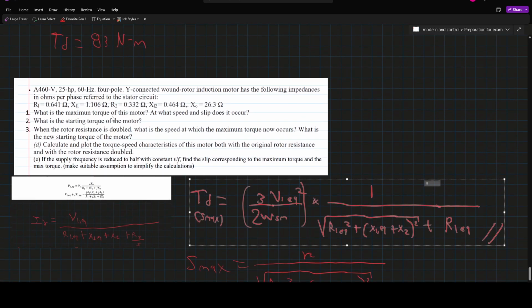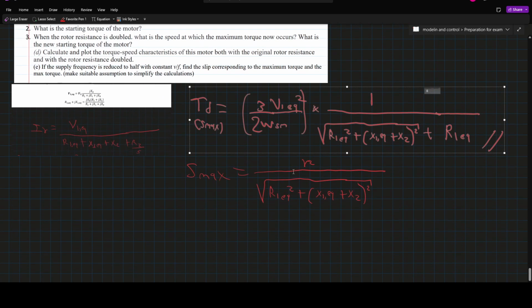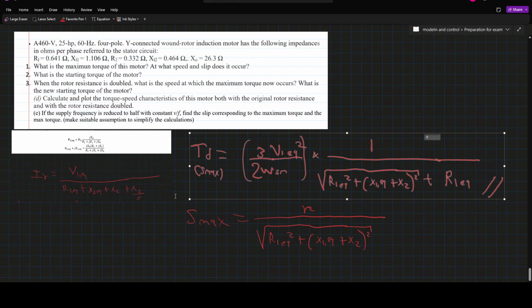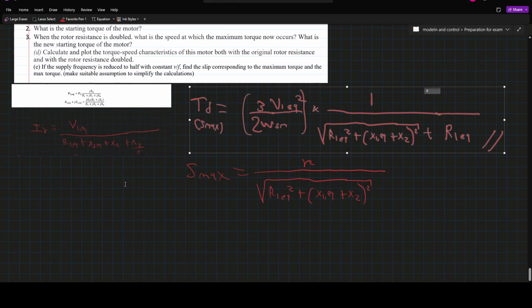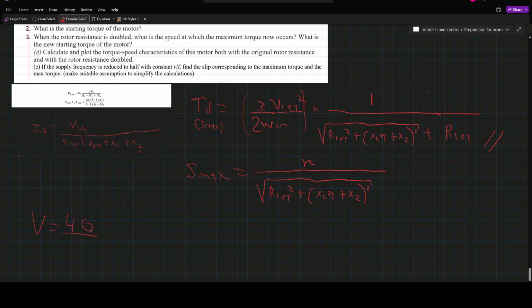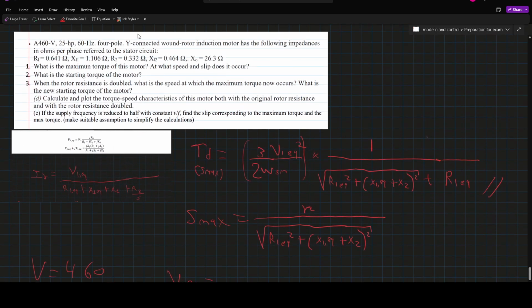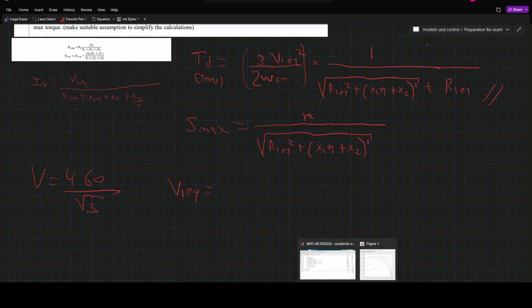So first, what is the maximum torque? We need to get our equivalent values, and we need to get our value for Vm. So we know that Vm is going to be our 460 volts over square root 3. And now for our V1 equivalent, since it is just a formula and we're given the values, I just plug it in MATLAB.